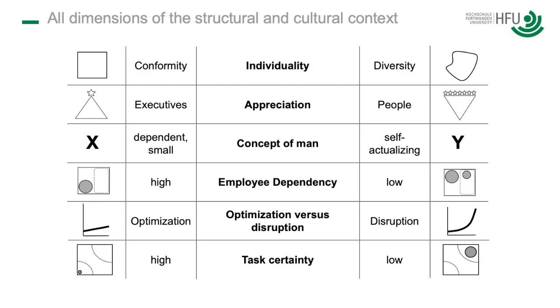Okay. Your company might be about optimization, doing the same things, getting better every year, and task certainty is high. The people know exactly what the outcomes are and the ways to get there. So this is one side. While the other companies are much more diverse. They appreciate individuality and the people are appreciated.